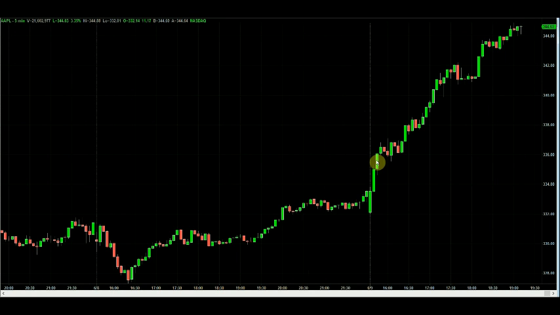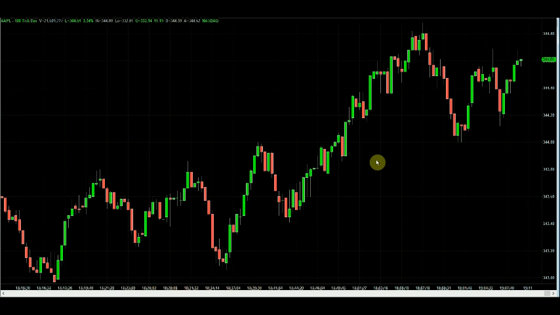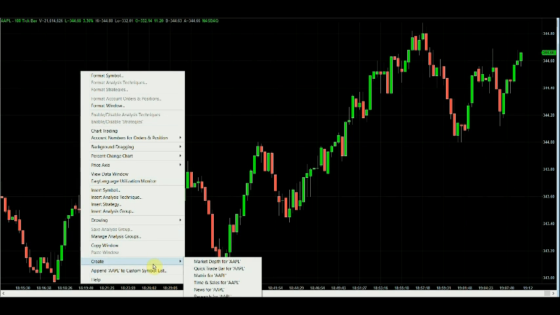On what I use, a tick chart, in this case a 100 tick chart, each of these bars is 100 ticks, and a tick is a trade of 100 shares or more. So every time one of the trades comes by that moves at 100 shares or more, you'll get a tick registered.